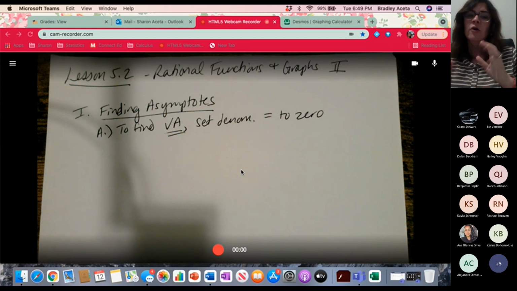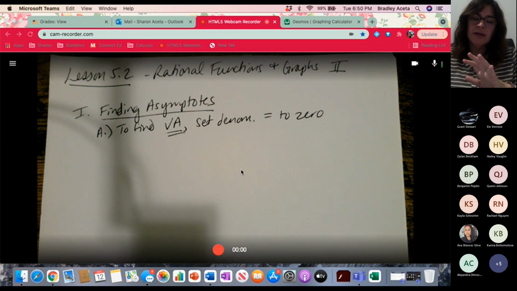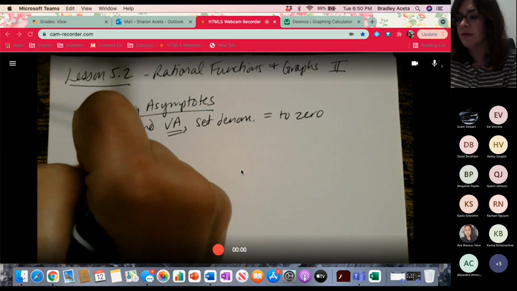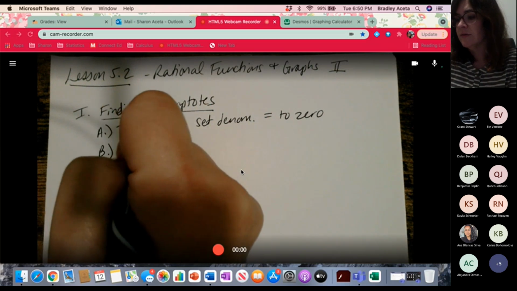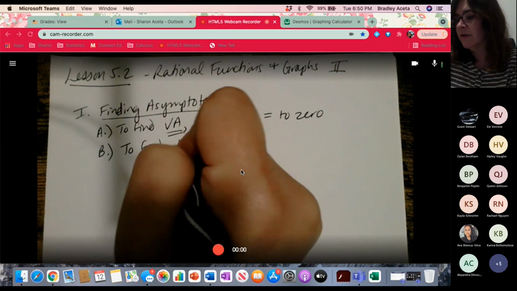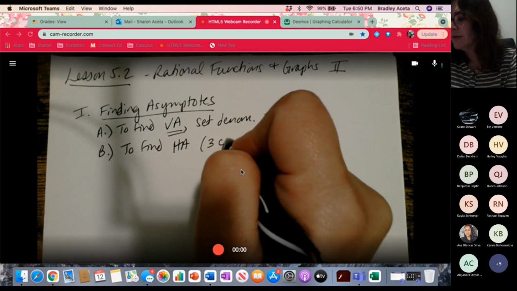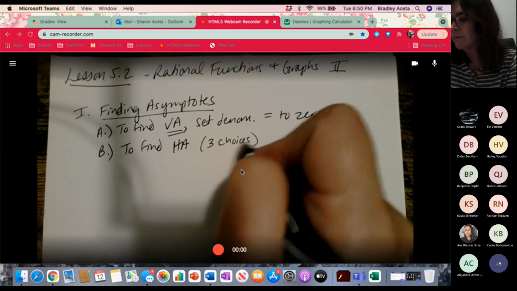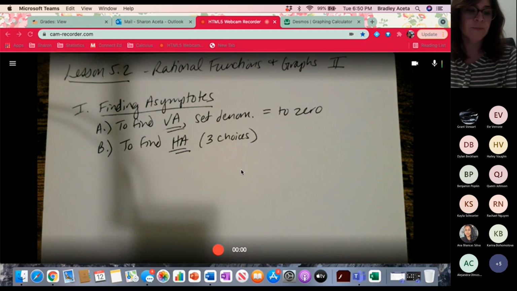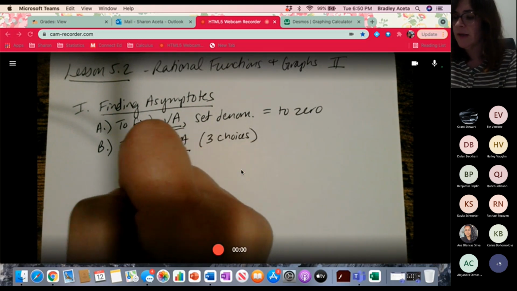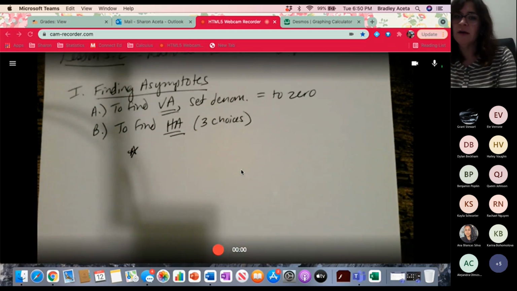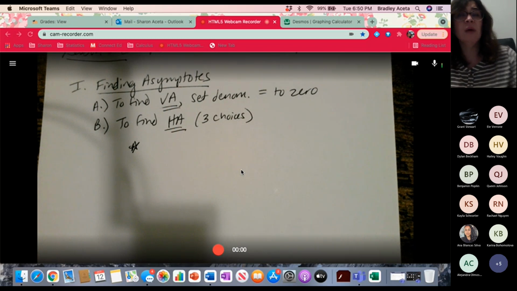Horizontal asymptote, on the other hand, is a little bit tricky. There are 3 different types of horizontal asymptotes that could occur. So to find horizontal asymptotes, there are 3 choices. Choice number 1 is based off of the degree of the polynomial on top versus the degree on the bottom.